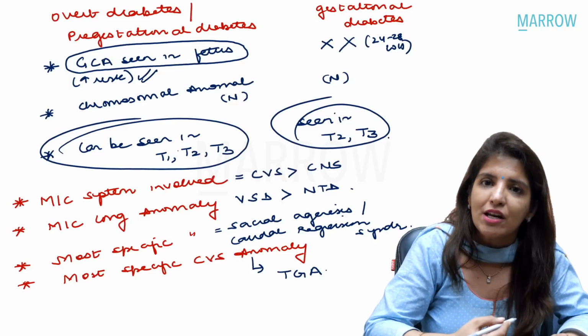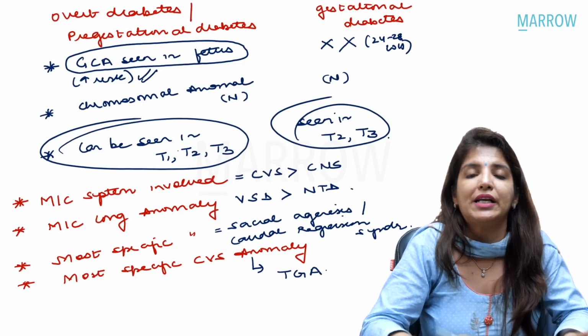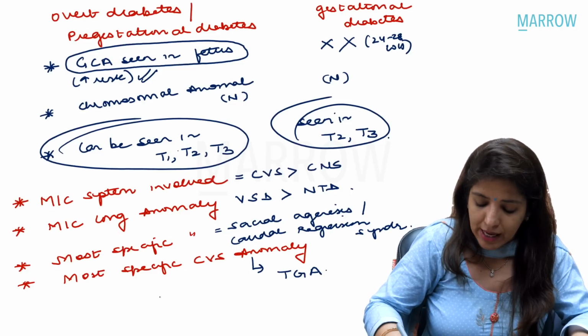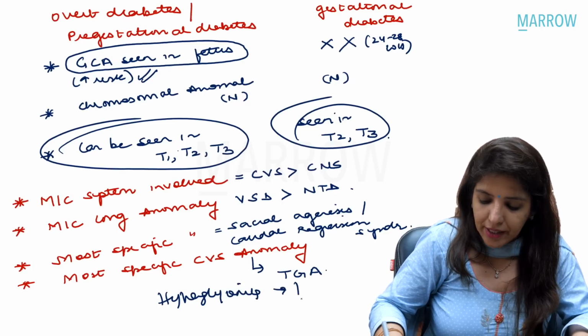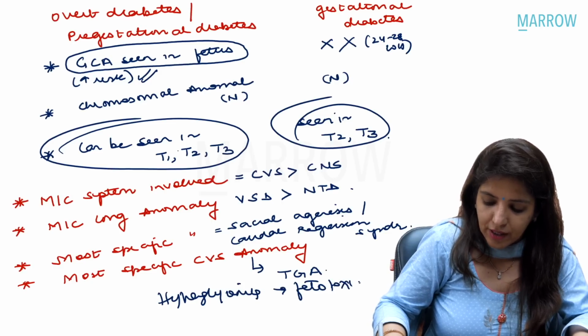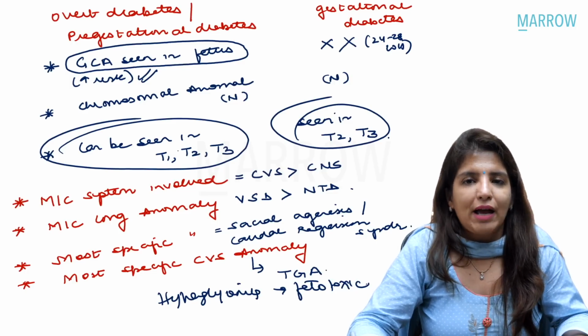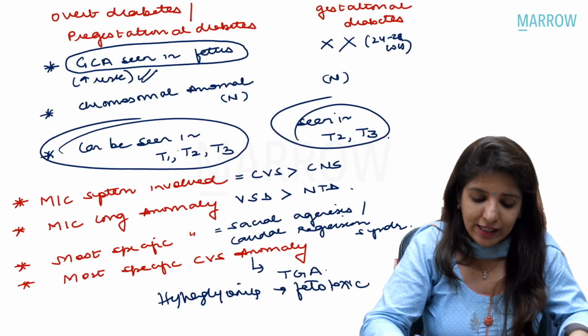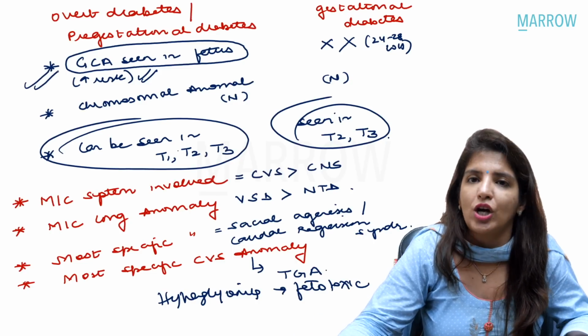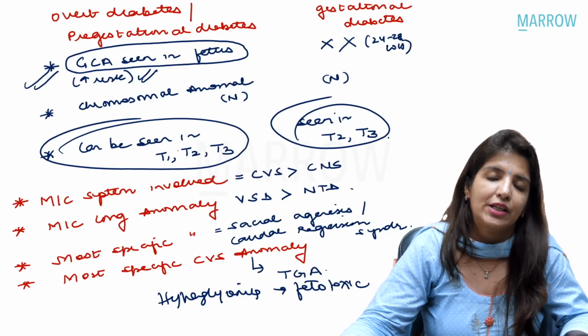And because it is seen in the first trimester, and because please remember that hyperglycemia is fetotoxic, in case of overt diabetes, if the blood glucose levels of the patients are not controlled, definitely it leads to increased chances of congenital anomalies in the fetus.